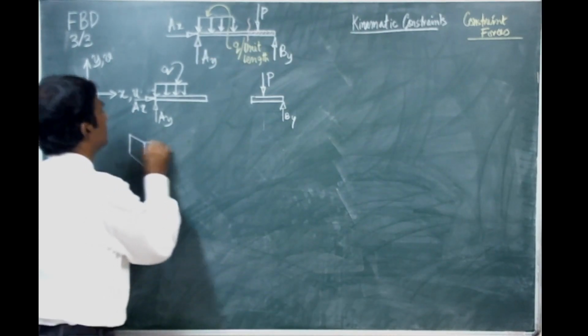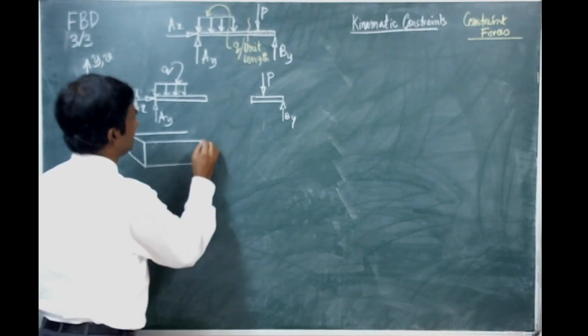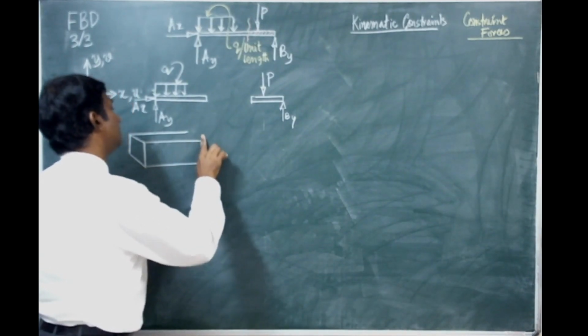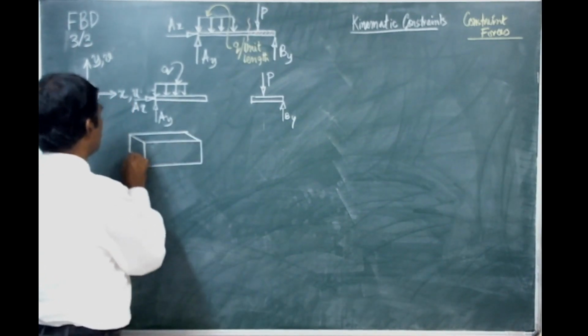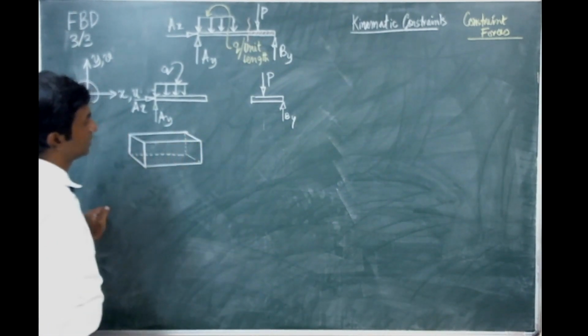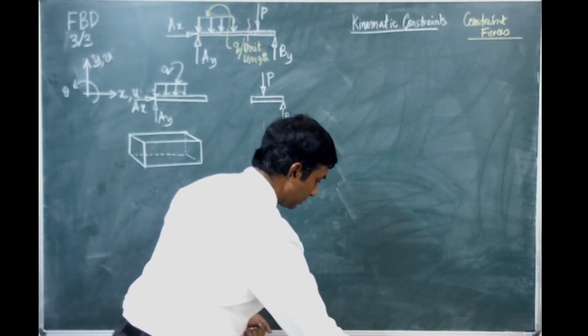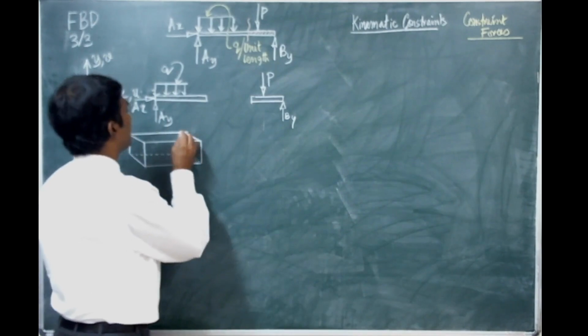That means the section shape and the size is not changing as we move along the length of the beam. So, this is the right part, say, left part, and consider the right part.